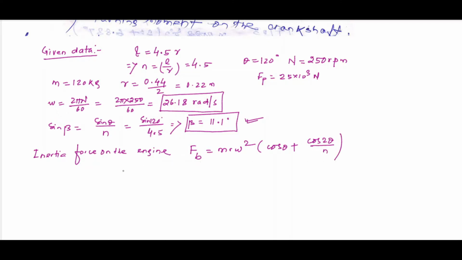So we can write this as 120 into 0.22 into omega is 26.18 square into cos 120 plus cos 240 divided by 4.5.